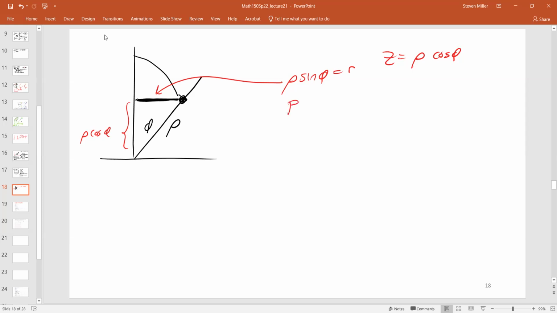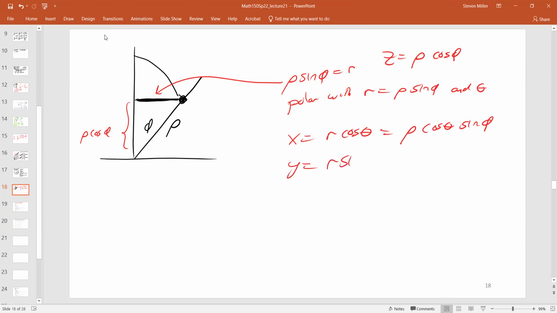And so now you use polar with r equals rho sine phi and theta. So now x would just be r cosine theta, which is rho cosine theta sine phi, and y would be r sine theta, which is rho sine theta sine phi.